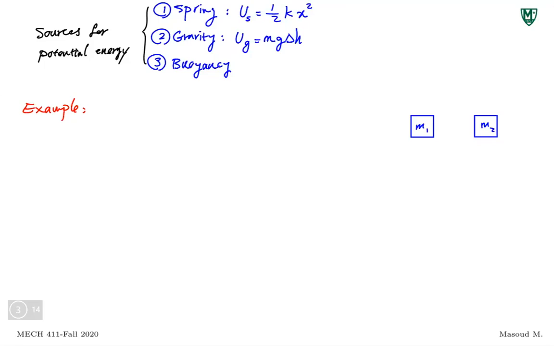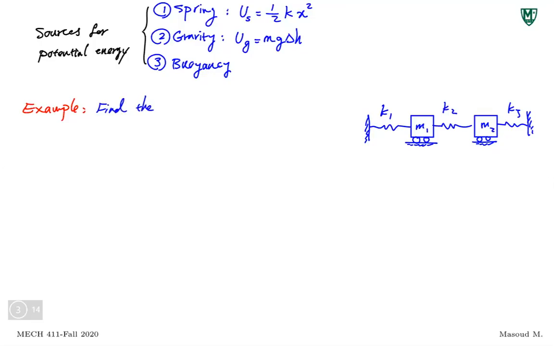Let me just get the notations right based on my notes. So that would be K1, this is K2, and this is K3. This has no friction, so I'll just put it on these 2 wheels. That's pretty much it.